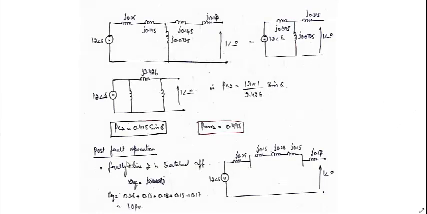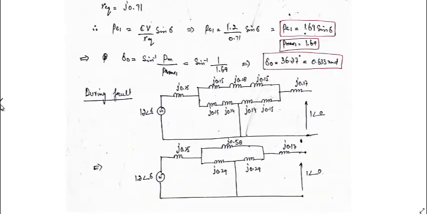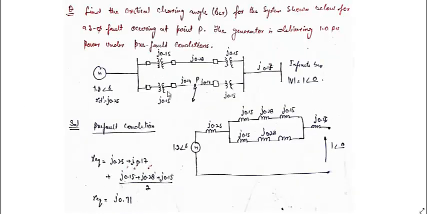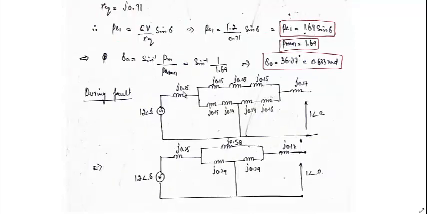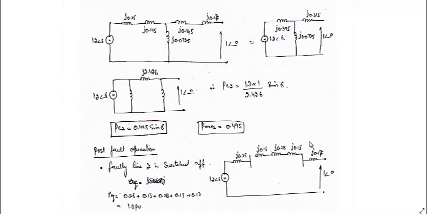Now the post-fault operation, when the line is removed from the circuit, that means this circuit breaker and this circuit breaker operate, and this line has been removed. Now the power transfer will take place only through this line, and this will be our equivalent circuit.